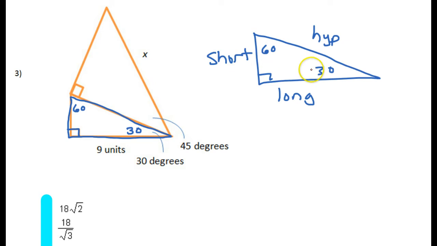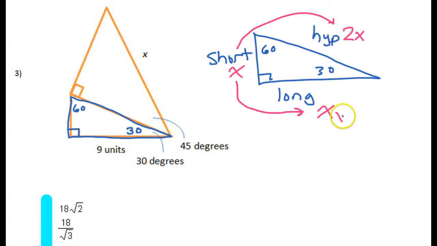The short side, of course, is across from the 30, and that's going to be x. The hypotenuse is always going to be double that, so the hypotenuse will always be 2x. And then the short leg tells you the hypotenuse, but it also tells you the long leg, because the long leg is the short leg times radical 3.